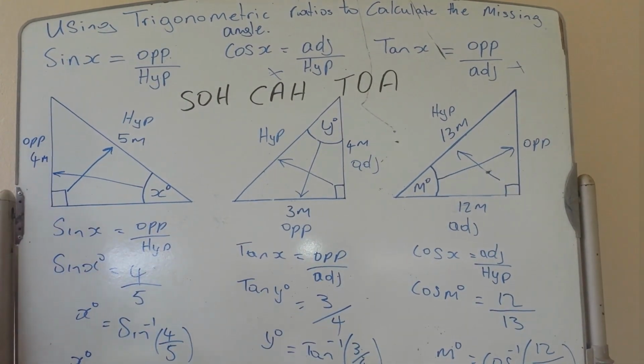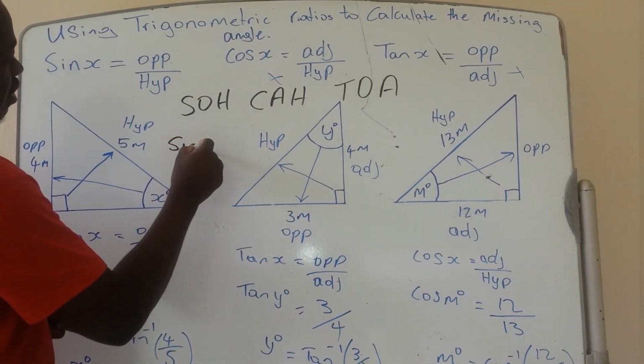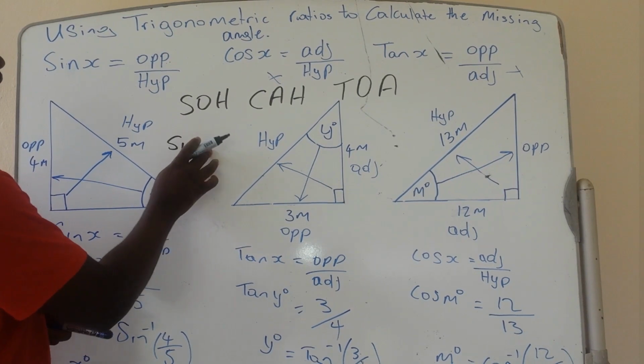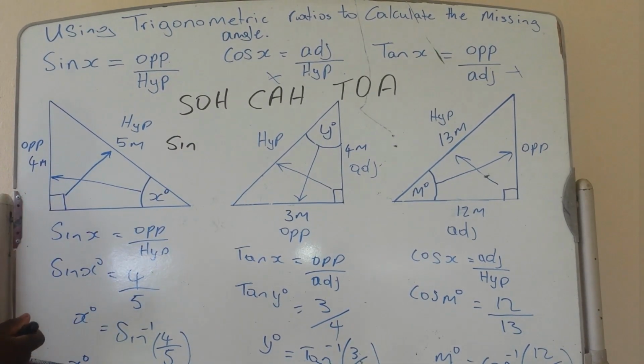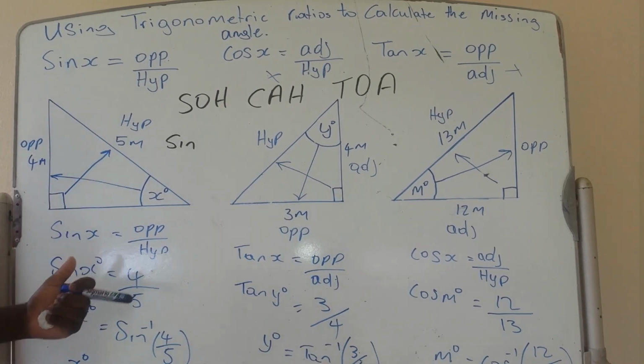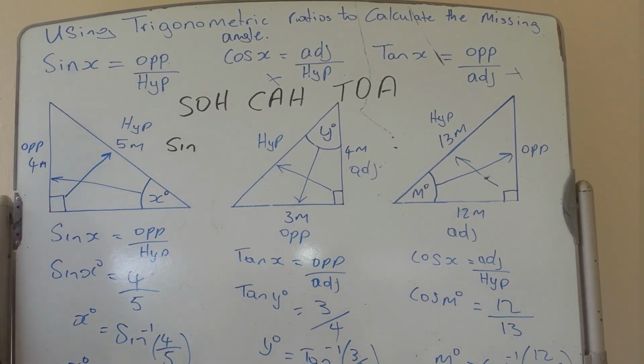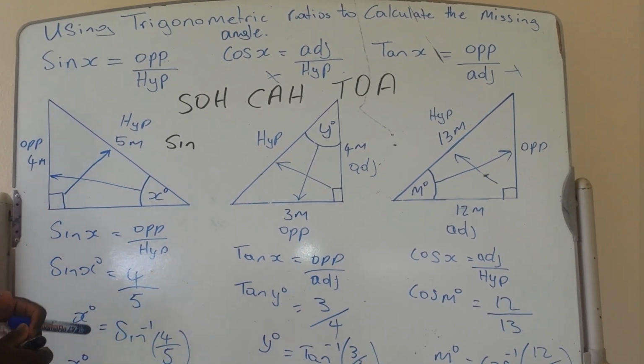They are just operations. So if you say that sine, for example, is equal to opposite over hypotenuse, that is incorrect. It has to be sine of some angle. So I just want you to get that clear. Sine by itself means nothing, cos by itself means nothing, tan by itself means nothing.